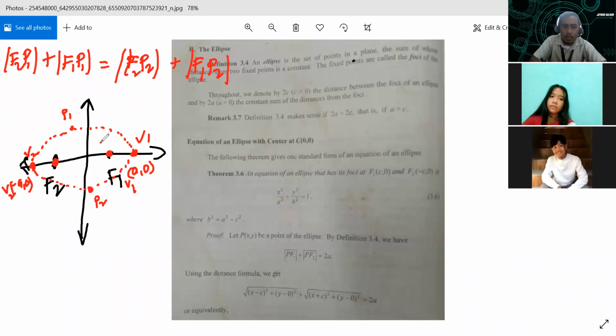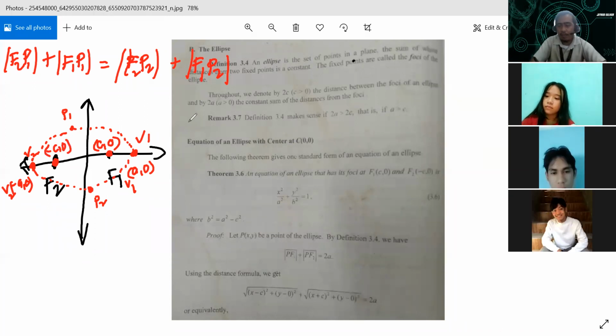The abscissa of focus 1 will be denoted by C, and of course the y is 0 because this is on the x-axis. Your y is always 0. While here is negative C, 0.